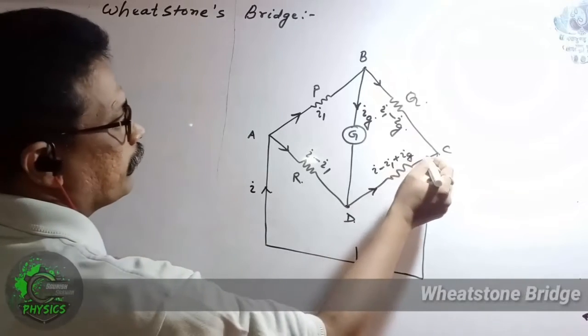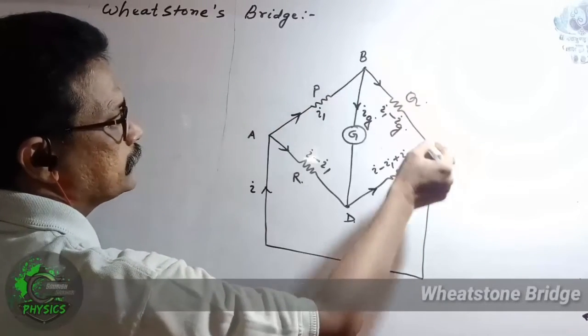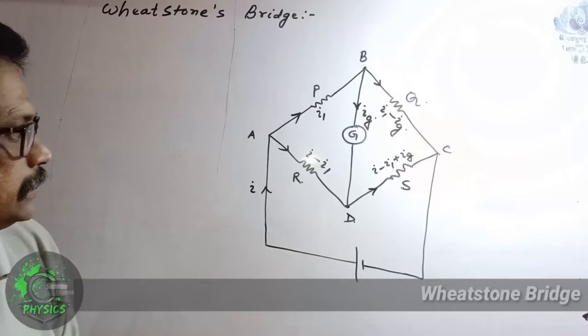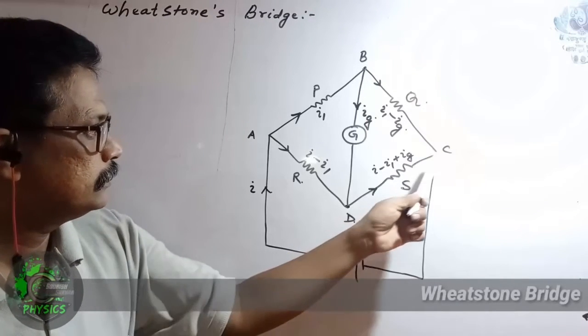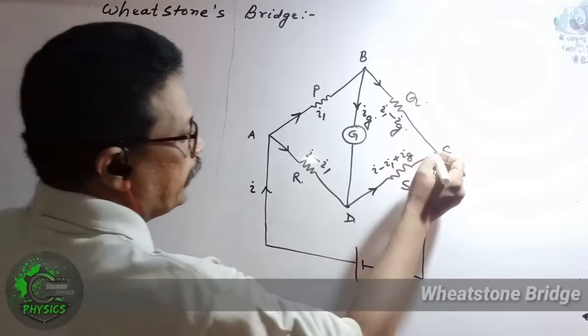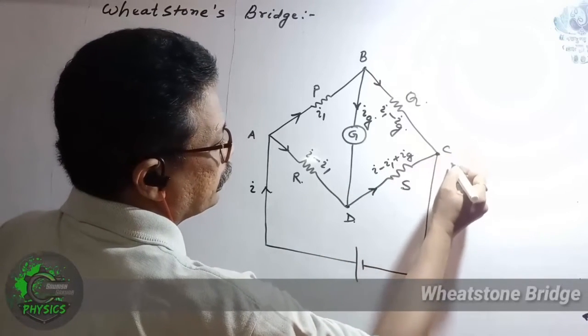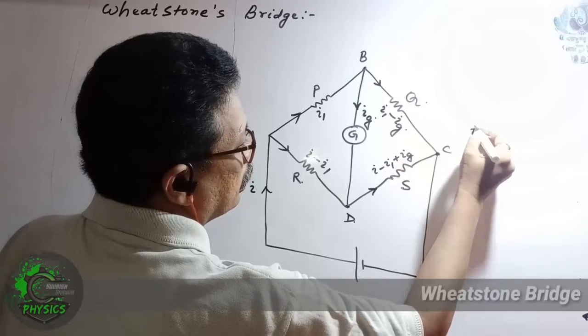Now at point C, the current coming along BC and the current coming through DC will be added up at this point C, and let us see what current we get.